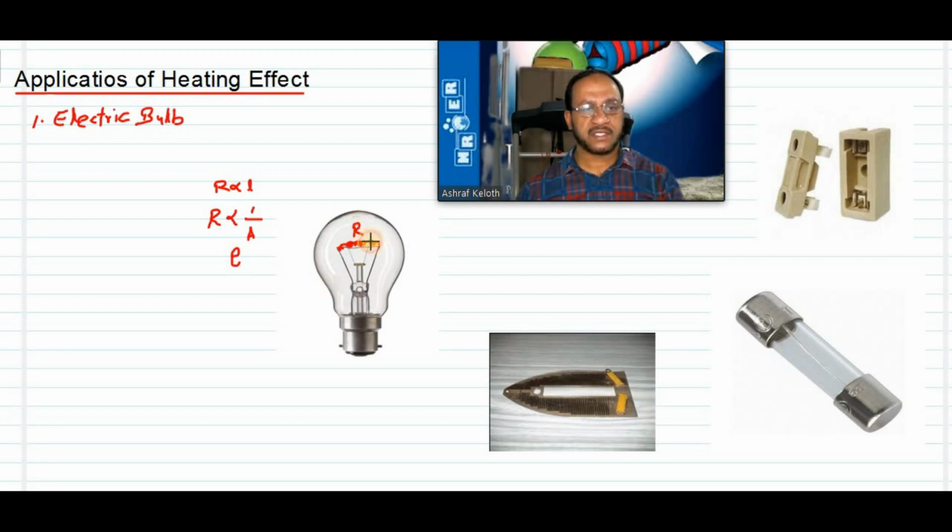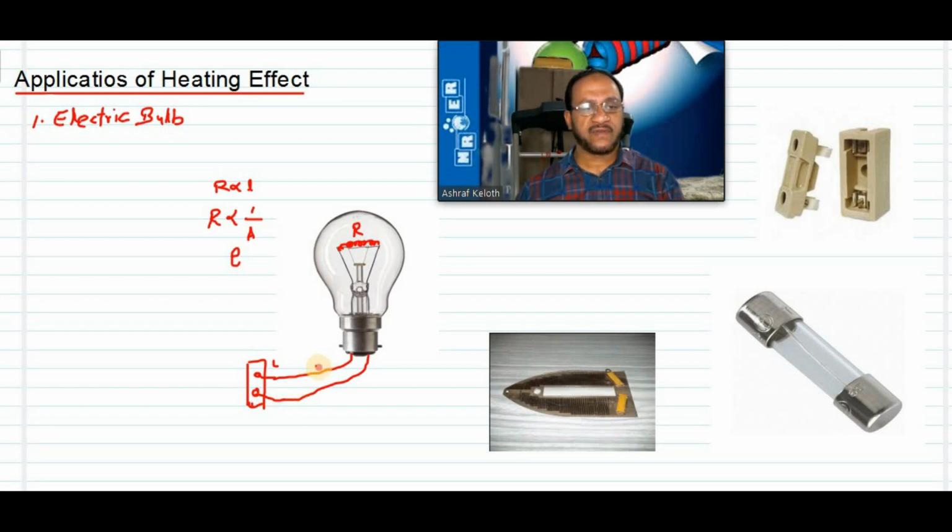High resistance is there. So what will happen? Suppose we are giving an electrical connection here. If you give these two points to the plug, suppose here is the switchboard. In the switchboard, one line is the live wire, the other is neutral. If you connect live to one and neutral to the other, what will happen?